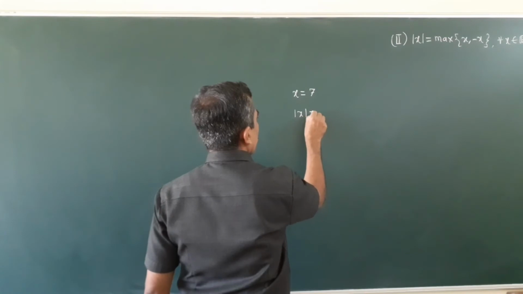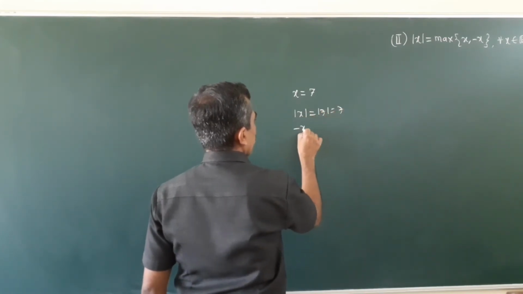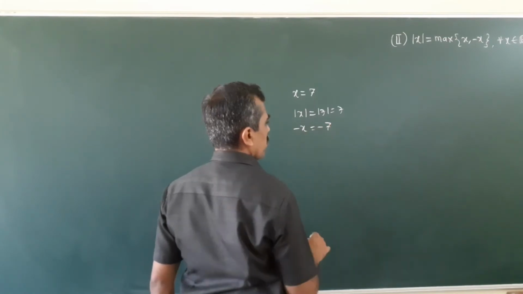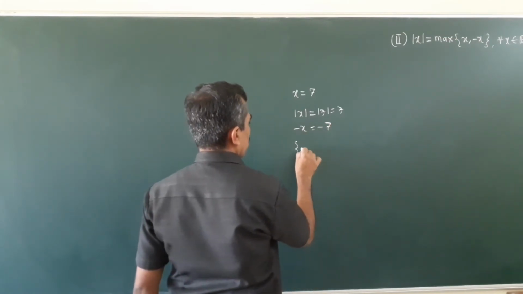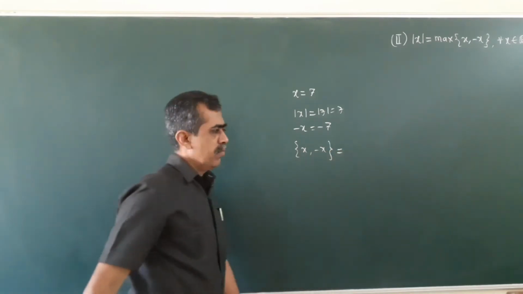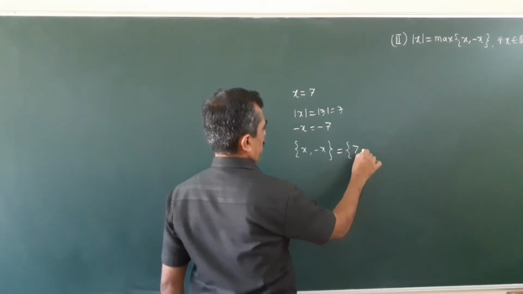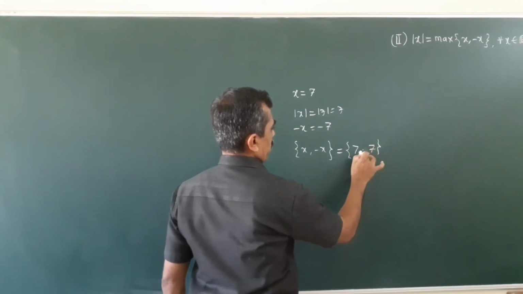Then mod 7 is 7, and minus x is minus 7. So x comma minus x is 7 comma minus 7.